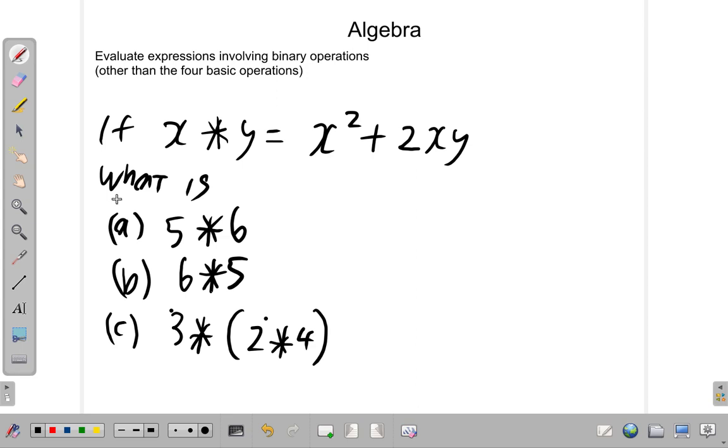You know that the symbol generally used for addition is this, for subtraction, this, multiplication, and division. We come up with new symbols. In this case, I use the asterisk. Sometimes other symbols might be used like this, or it could be something like this, something new.